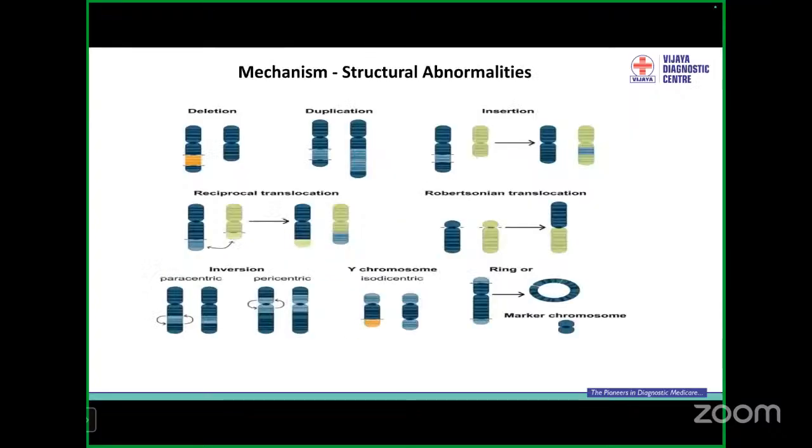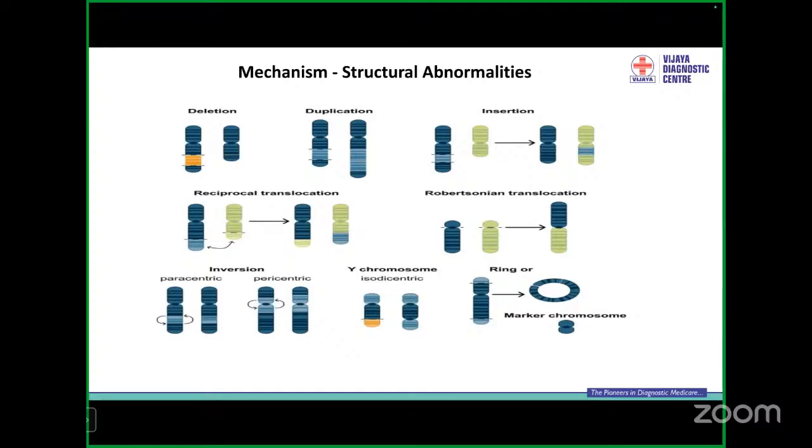Coming to the mechanism of the structural abnormalities, the name itself says it is either a deletion of a small portion, or a duplication, or a reciprocal translocation. In females or males with subfertility, the most common presentation would be a reciprocal translocation. That means there is no loss or gain of chromosome material, and that's the reason the couple will be phenotypically normal. However, there will be a rearrangement in the chromosomes, which results in multiple abortions or giving birth to children with congenital abnormalities.